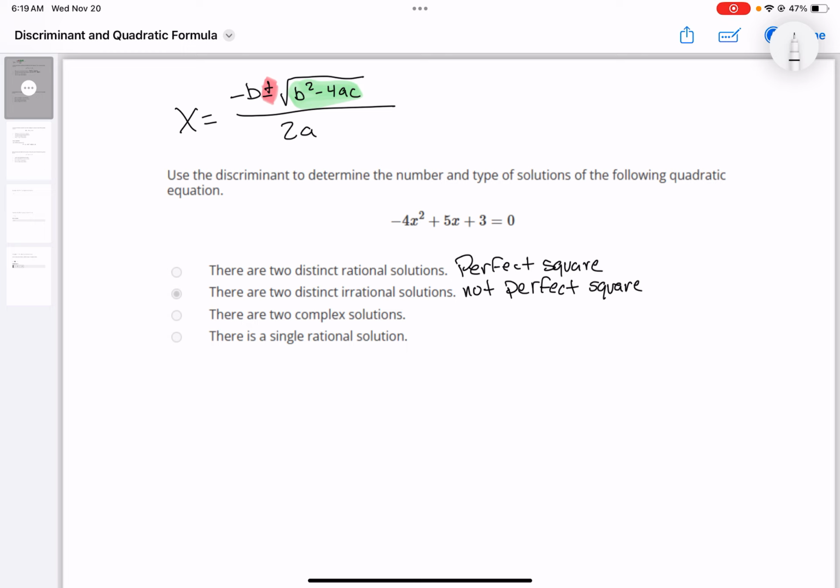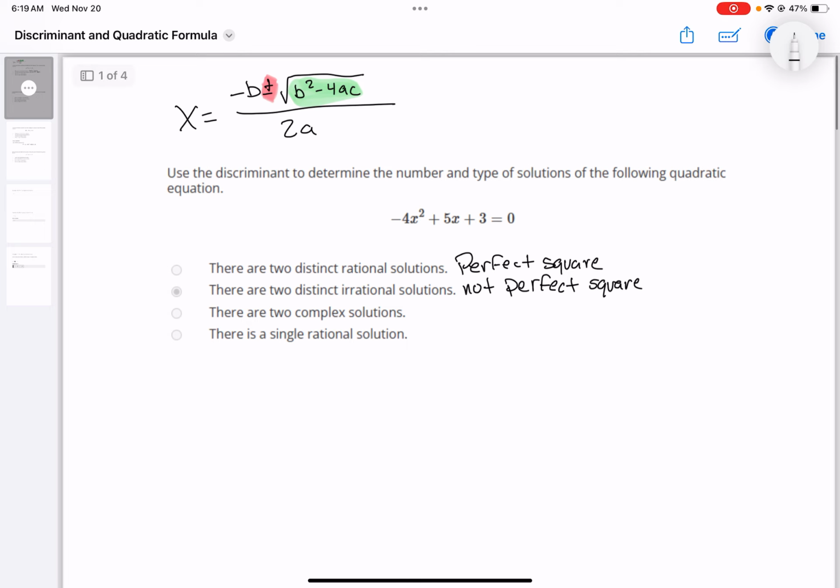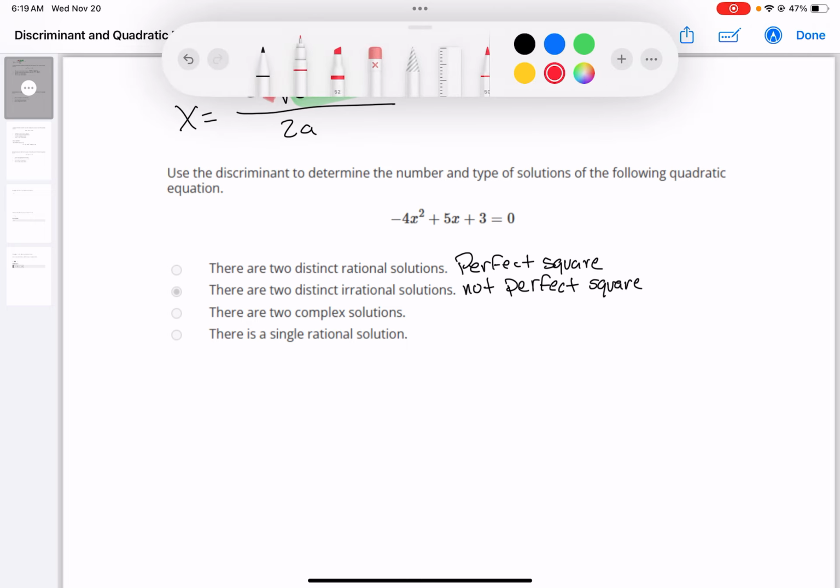Okay. And these are both positive, so I should probably write that on there too. Positive. If you get a negative number, you're going to have solutions that include an i. And then if you get 0, you'll have just one rational solution.